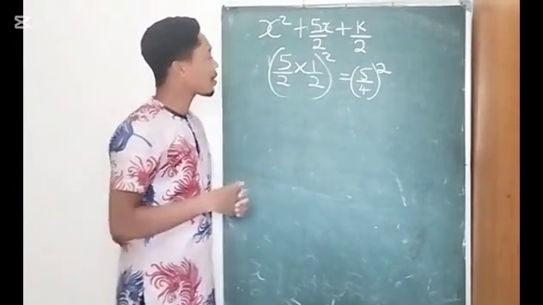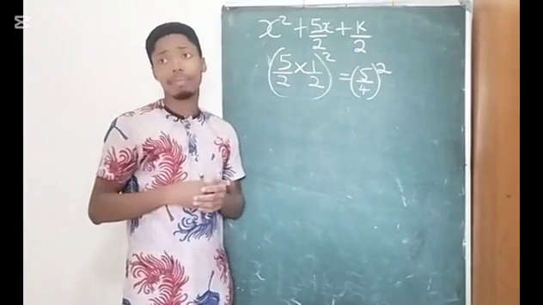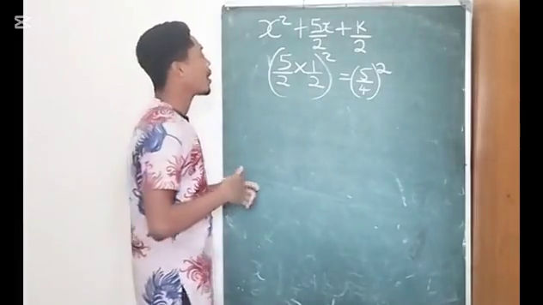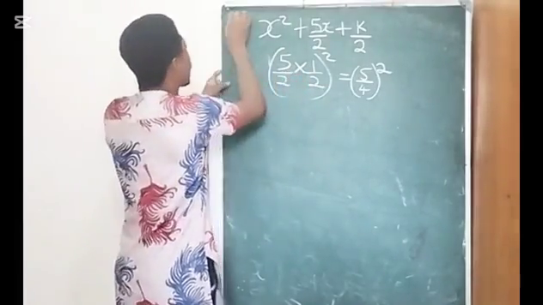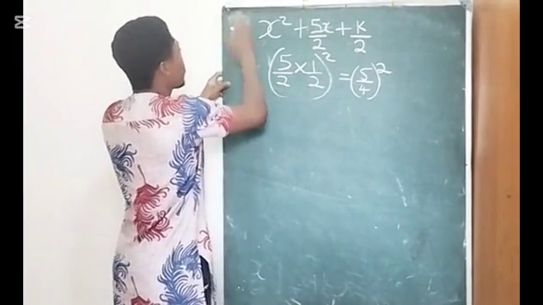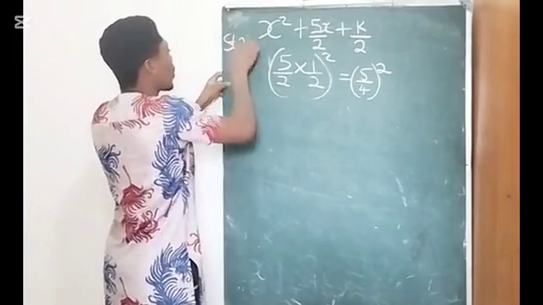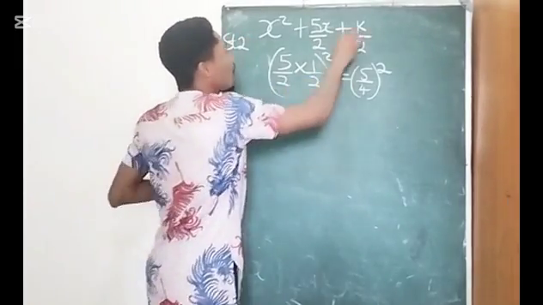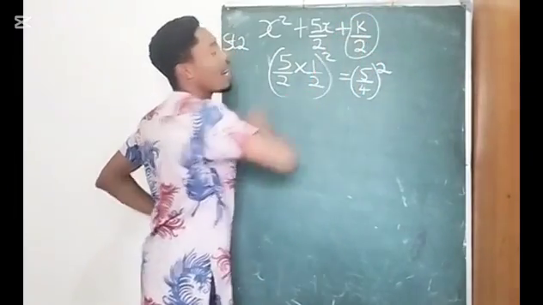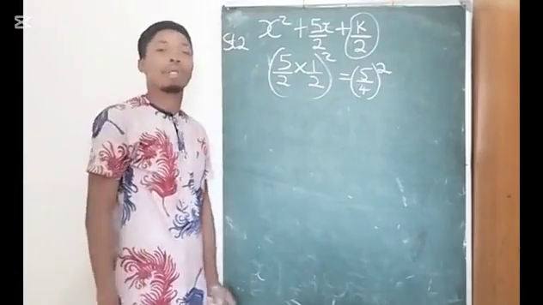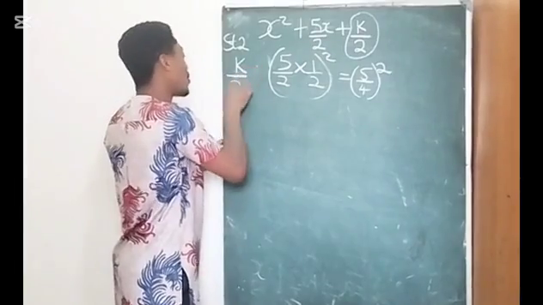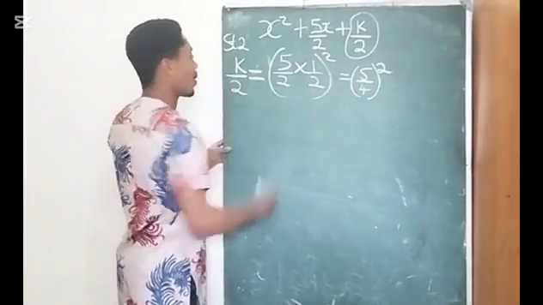Now, if you look at this closely, you will discover that what we are doing in step 2 is finding the value of k over 2. So we are saying that k all over 2 equals this.